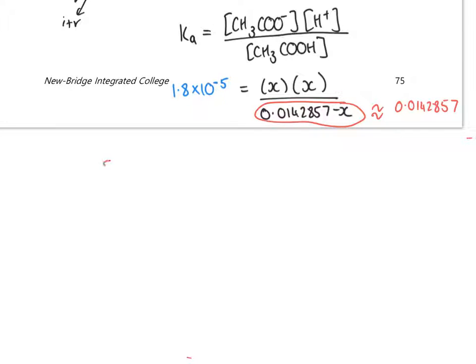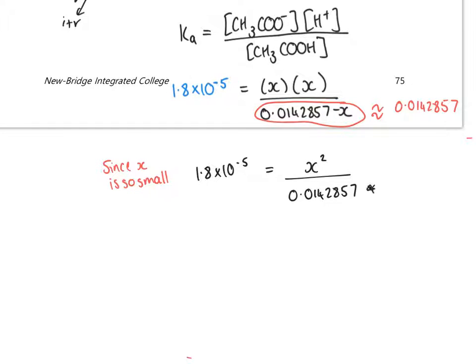So since X is so small, we can assume that 1.8 times 10 to the minus 5, which is our Ka value, is equal to X squared over 0.014287, our original concentration of the acid.